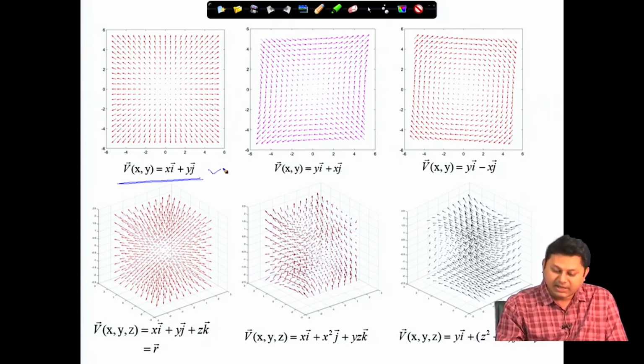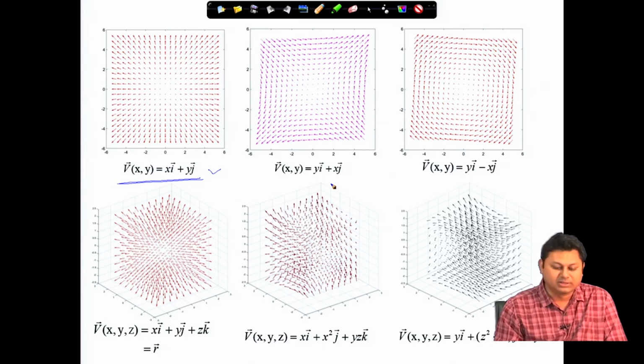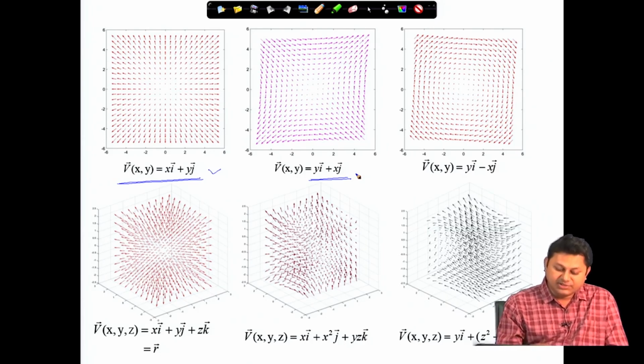But there are other kinds of vector fields also, where it is difficult to tell whether this is spreading out or not, and you need to calculate by using this operator. So here we have another kind of vector field, where the expression of the vector field is y i plus x j, and as soon as I change this coefficient, now vx is y and vy is x.